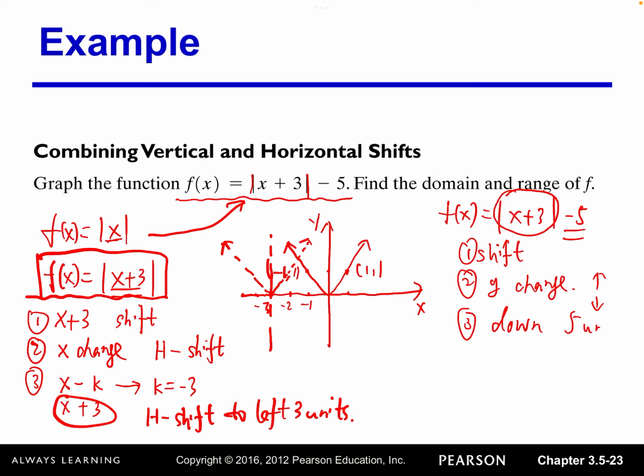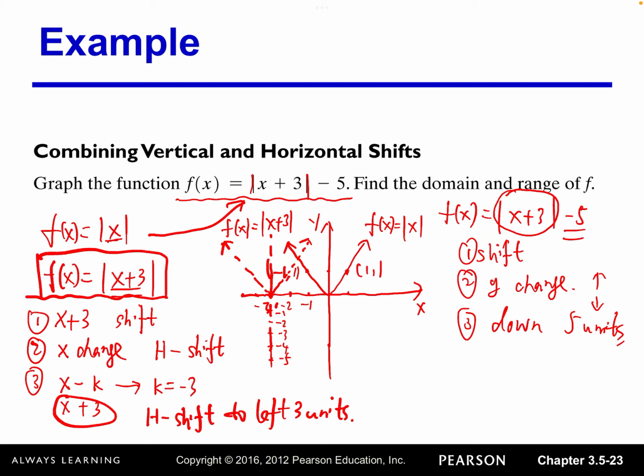So from here, we do not go back to the original place because we already went through one transformation. So initially the graph is f of x equals absolute value of x. And then until here, that's f of x equals absolute value of x plus 3. And then one more step of transformation, vertically shifting down 5 units. So -1, -2, -3, -4, -5.